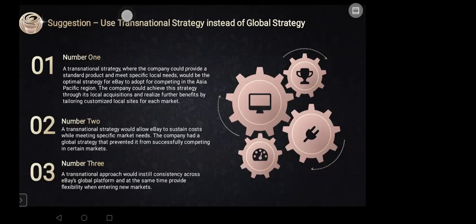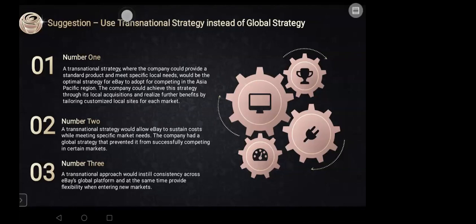Then it could achieve this by local acquisitions, and it will benefit by tailoring according to the local market. Second, if you use a transnational strategy, it will allow eBay to sustain costs while meeting specific market needs.